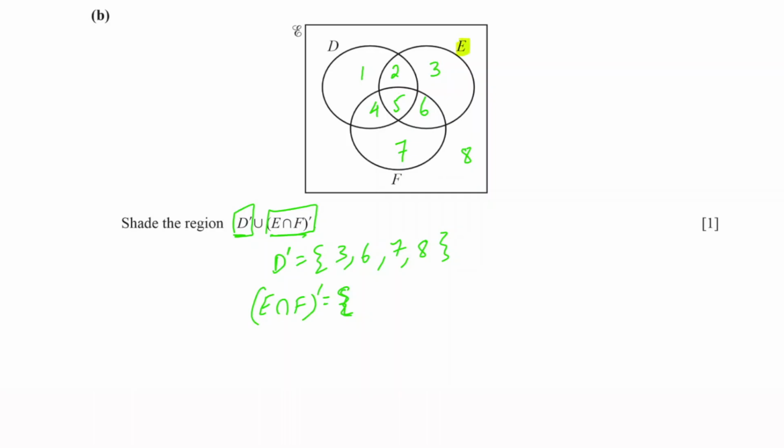E and F is this one, 5 and 6 is the intersection. But they have given E intersection F', so except 5 and 6, we have to write everything else: 1, 2, 3, 4, 7 and 8.